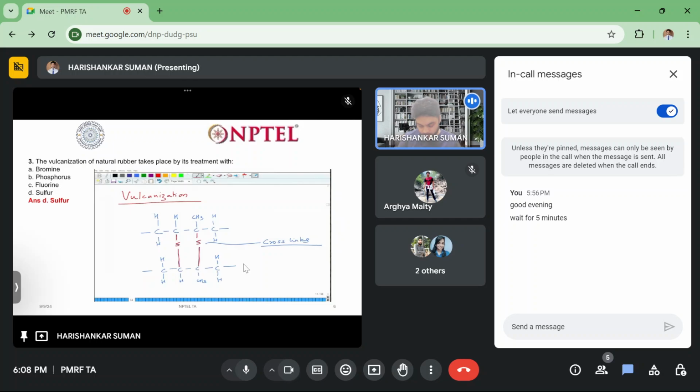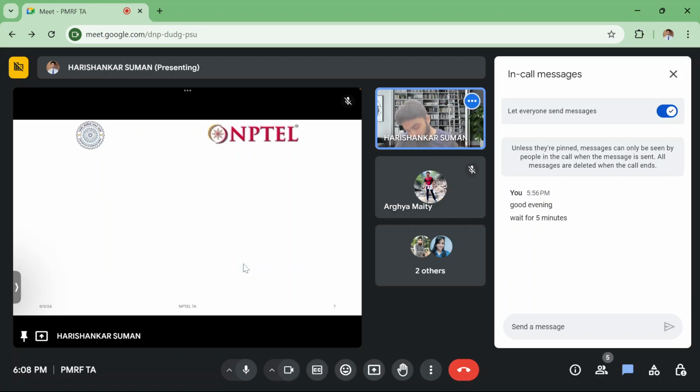So sulfur is the answer. Here is sulfur. This provides cross-linking. Next question.